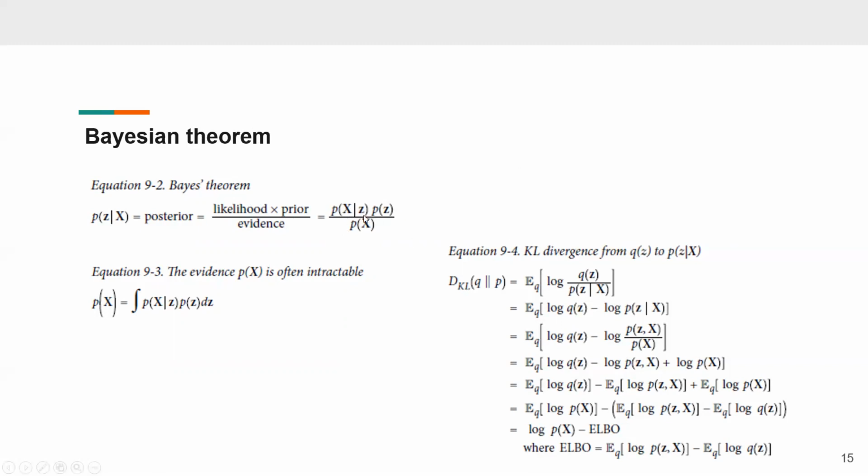So you use P(X given Z) times P(Z), where P(Z) is the prior, divided by P(X). This is the Bayes theorem that you should already know, that shows you the relationship between prior and posterior.